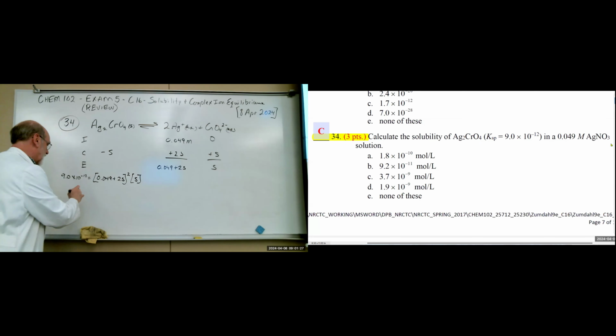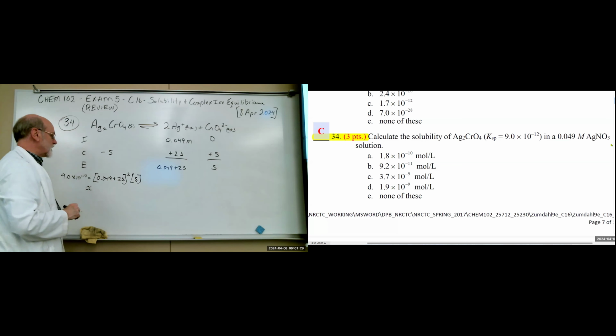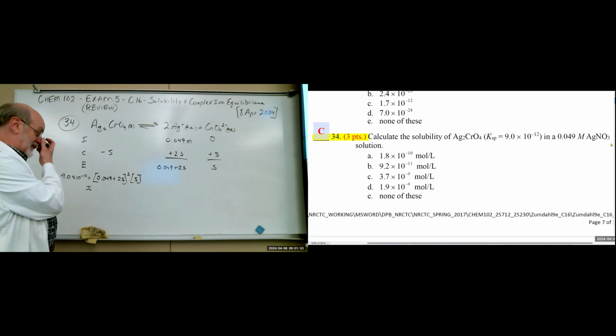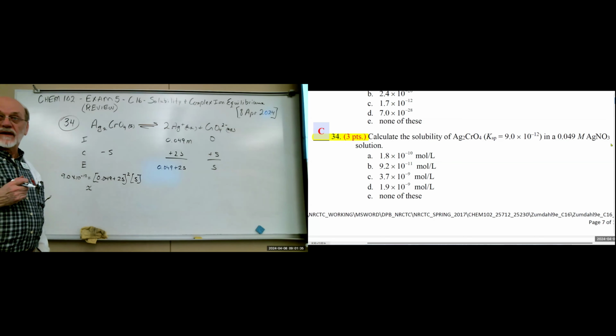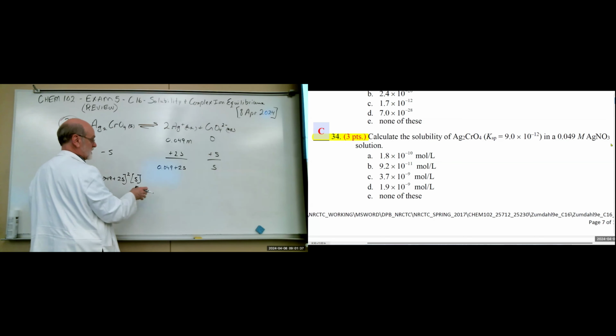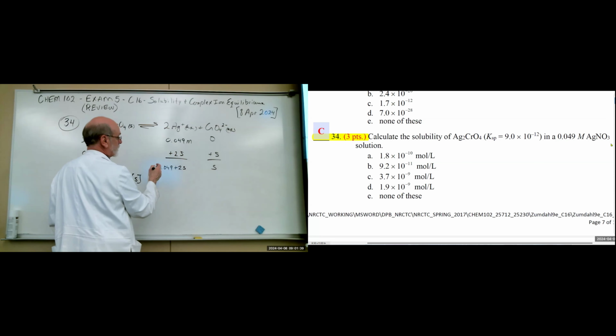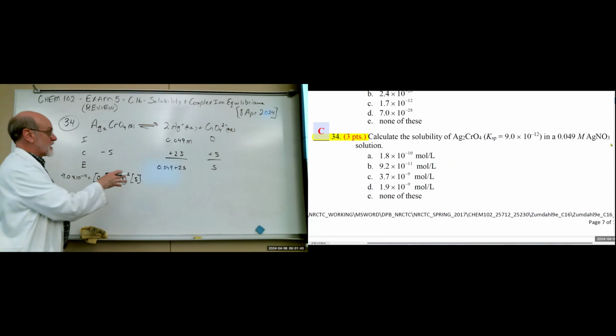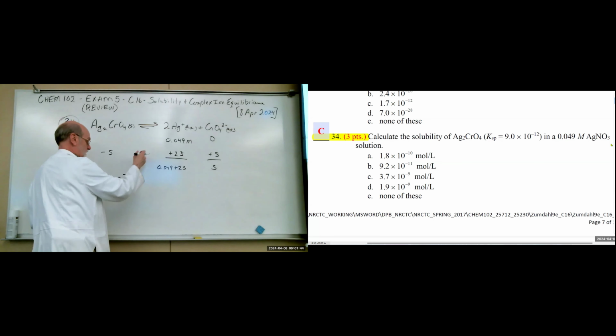Now we have to decide, can we ignore this one right here? I think we can, because the solubility is going to be low in pure water. It's going to be much, much lower with this common ion in there.